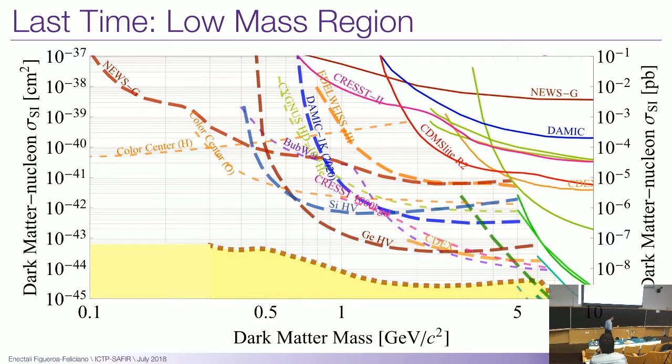A lot of the experiments originally made for higher mass dark matter have now started looking at how they can set limits or search for dark matter in this low mass region, and we showed some results from LUX, and we're going to continue that trend.